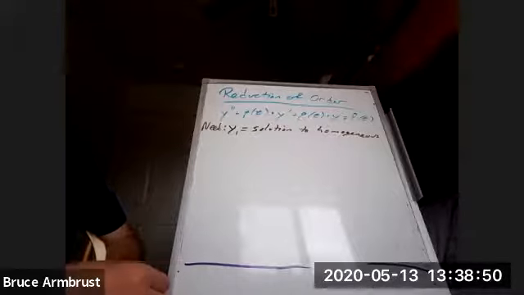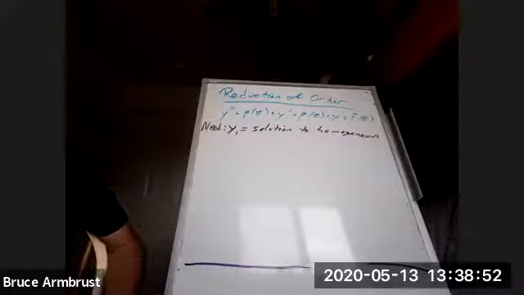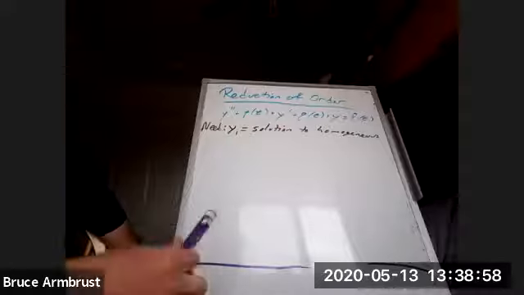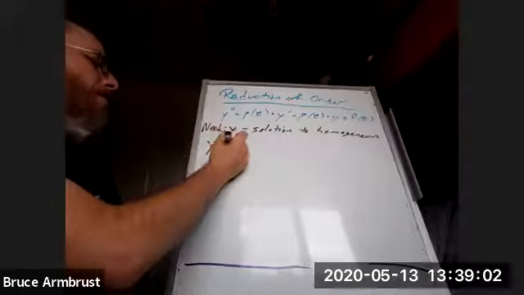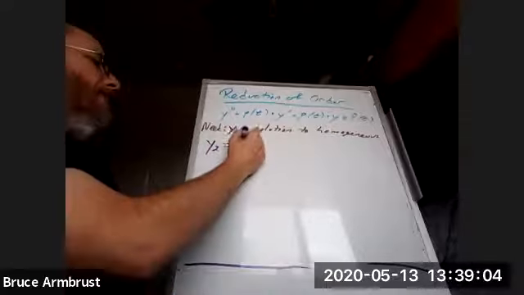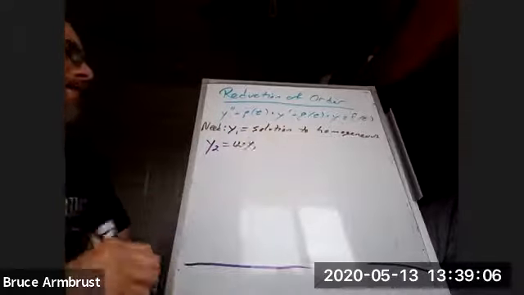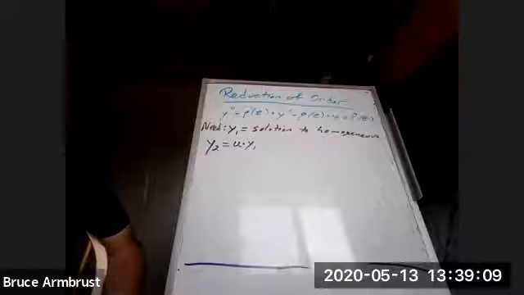So here's what we're going to do. We're going to do the same thing we've done every time, where we go, all right, if I want to find another solution, say y2, I'm going to assume that it's some multiple of y1.